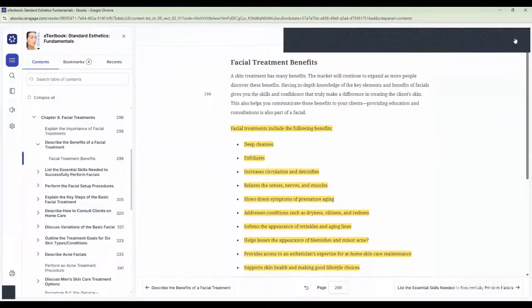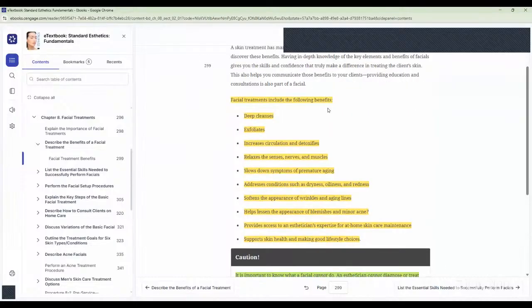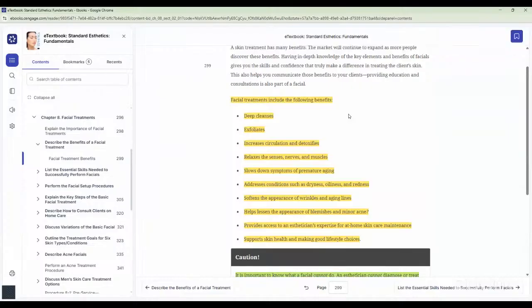I'm going to save this page 299 because it is something that you will refer back to many times. All right. So facial treatments include the following benefits. It deep cleanses, it exfoliates. Exfoliation means removes dead skin cells. Okay. So you want the skin to breathe. It increases circulation and detoxifies. Okay.